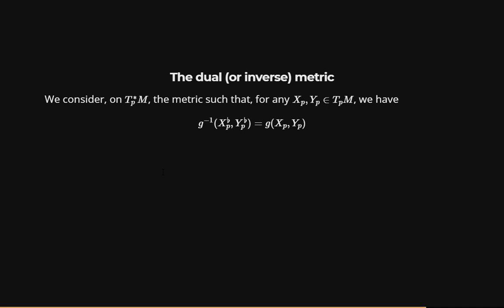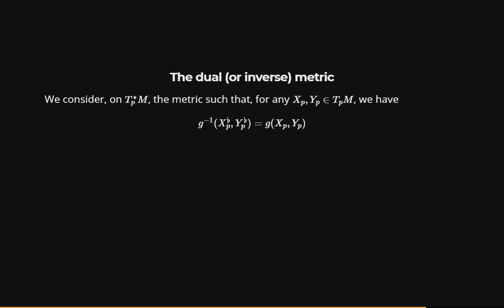The dual metric. Now, we can put a metric also on T star, which is denoted by g^-1, or sometimes g star, it depends. It's not a standard notation. How do you define it? It has to be compatible with the flat isomorphism.